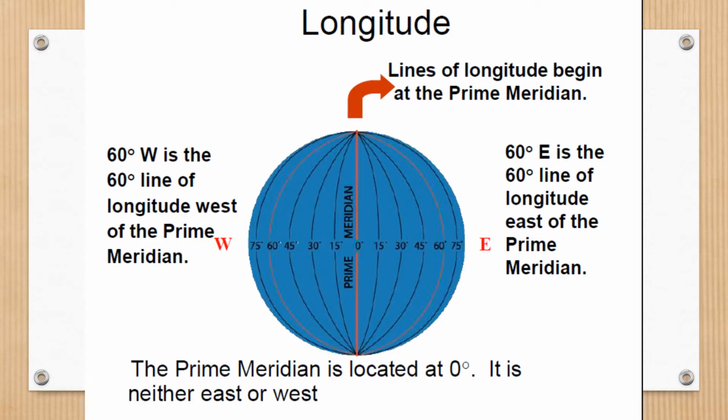So longitude, you can see the prime meridian standing in the center at 0-degree longitude. Lines of longitude begin at the prime meridian. 60 degrees west is the line of longitude west of the prime meridian. 60-degree east is the 60-degree line of longitude east of the prime meridian. The prime meridian itself is located at 0-degree longitude. It is neither east nor west.